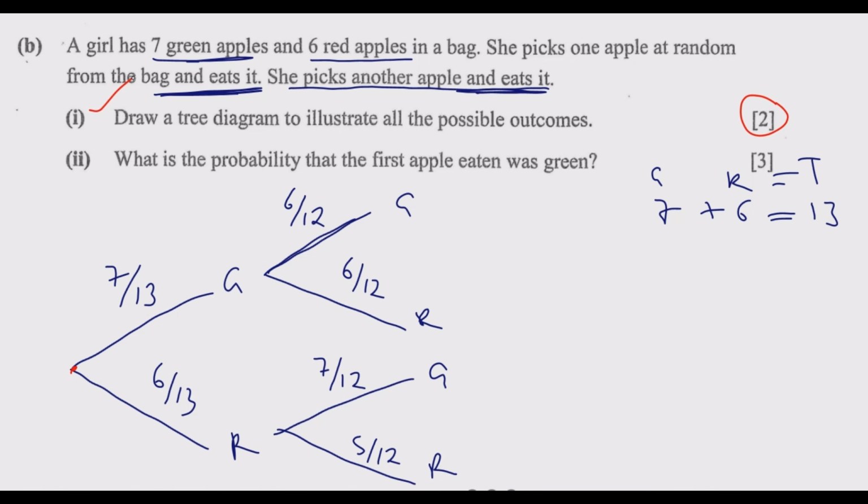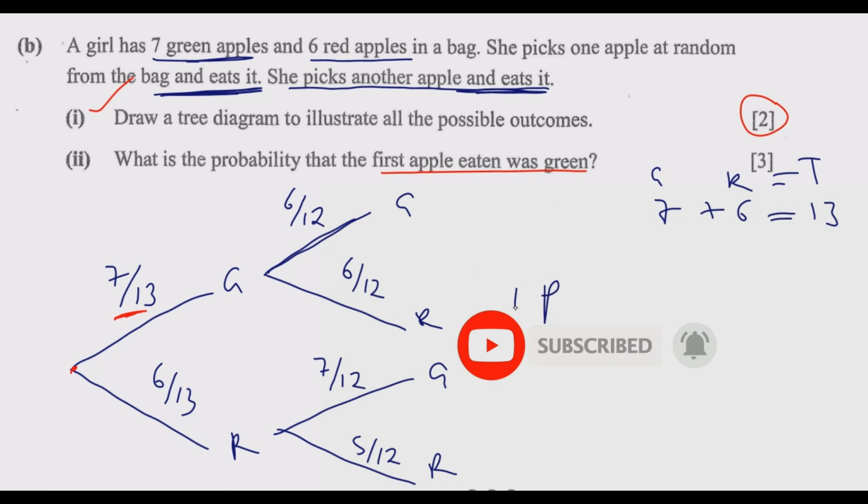So question 1 done. Number 2, what is the probability that the first apple eaten was green? To choose green, we have this one, which is 7 out of 13. So that's the probability, as simple as that.